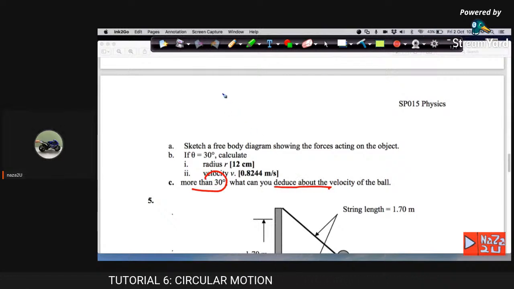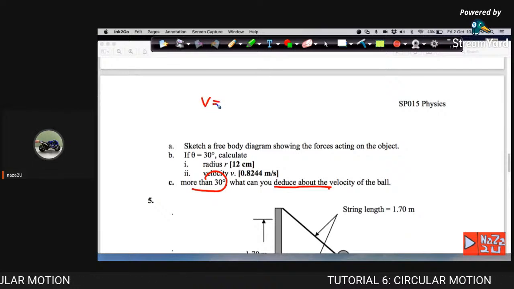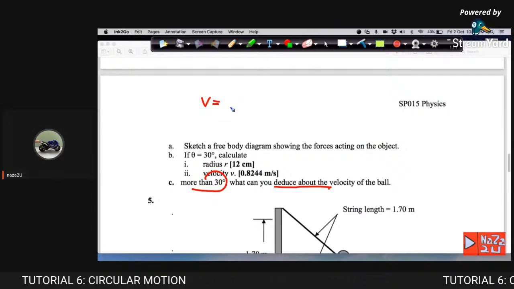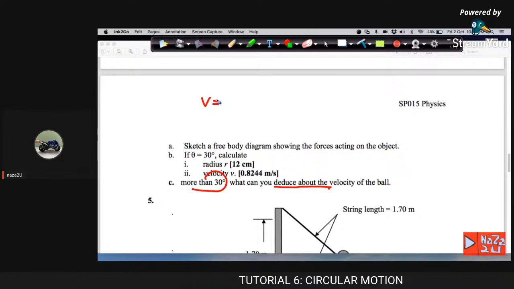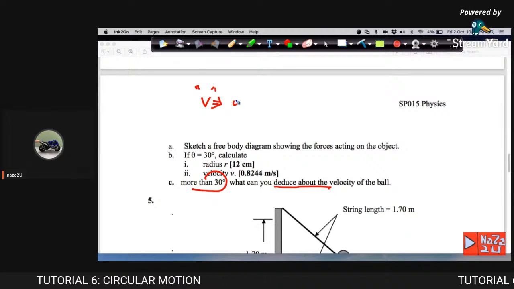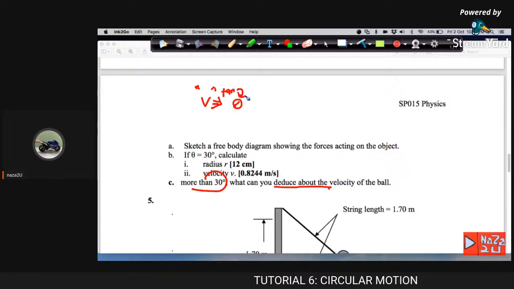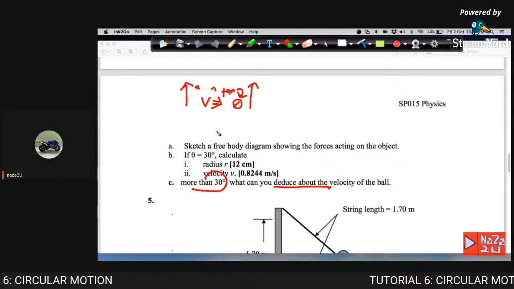If you relate velocity and the theta, you can use tangent theta here, right? So if the theta is increased, then the V also increases.